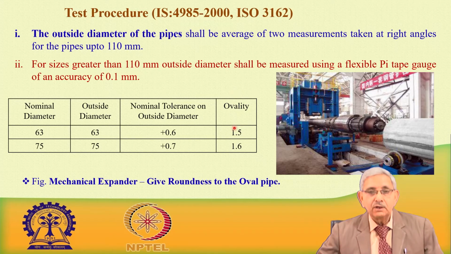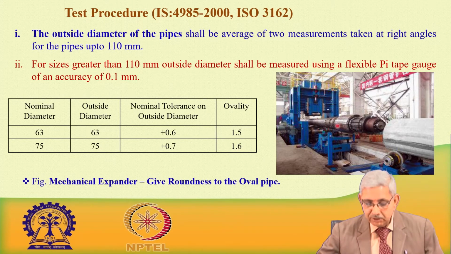This is the ratio you have seen: the maximum diameter minus the minimum outside diameter divided by the rated diameter. So, this should be within 1.5, and another one is for 75 millimeter diameter. This is the range which is given.